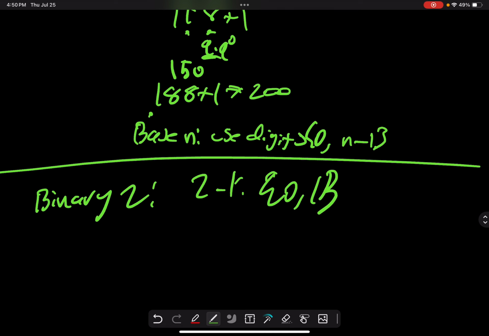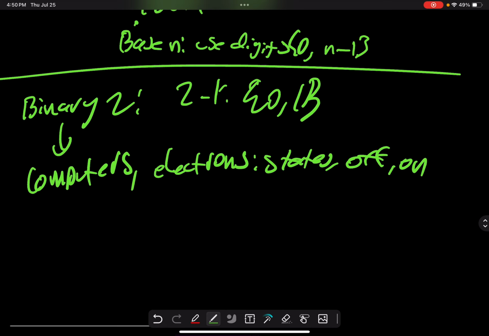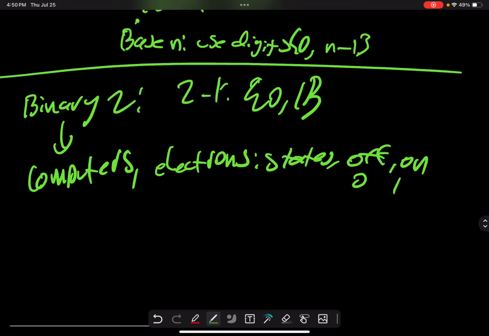But that's the idea behind binary, because it's used in computers. Computers use electrons, which have 2 states, off and on, which can be represented as 0 and 1. And so that's what's actually used to carry information in binary.